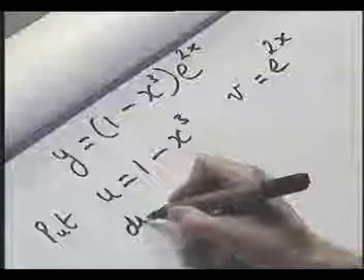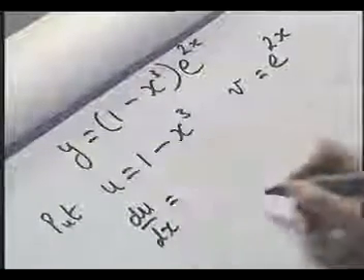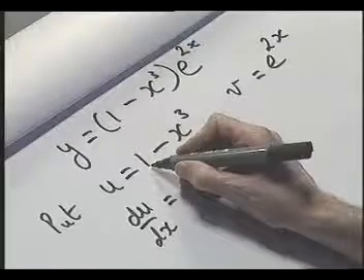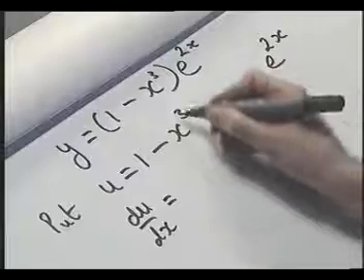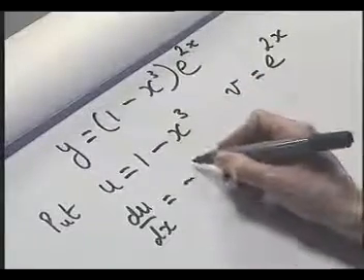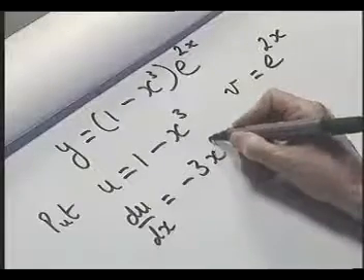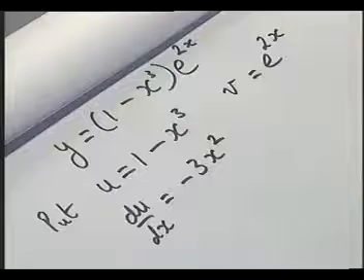And now we differentiate u. So we have du by dx is equal to, the derivative of 1 is 0, because 1 is a constant, and the derivative of minus x cubed is minus 3x squared. We want the derivative of v.